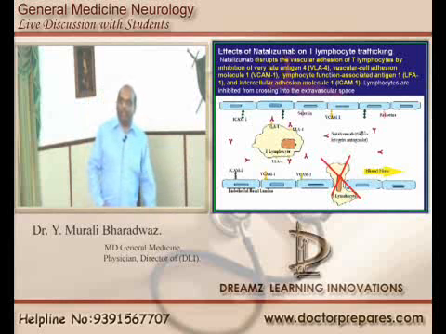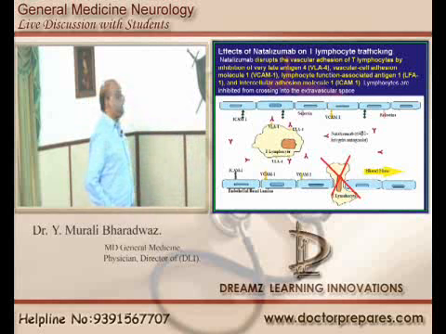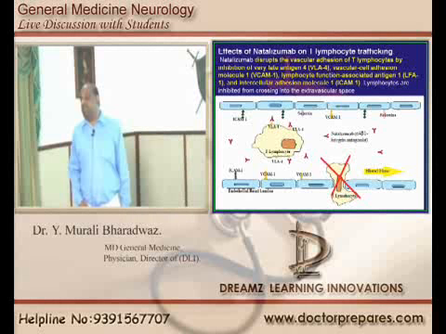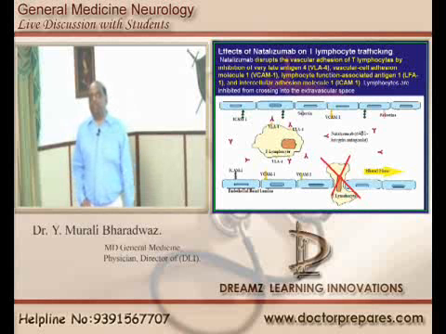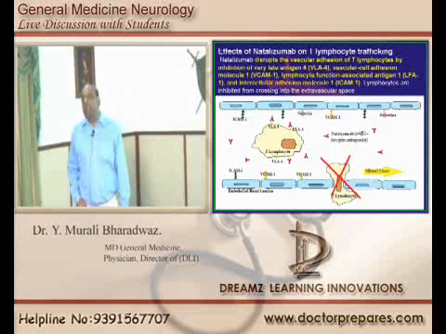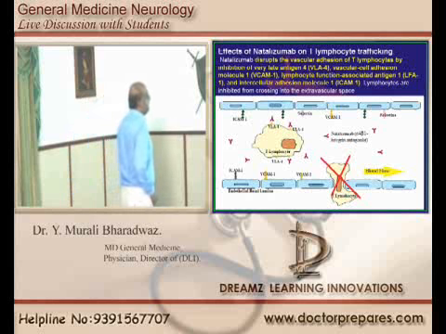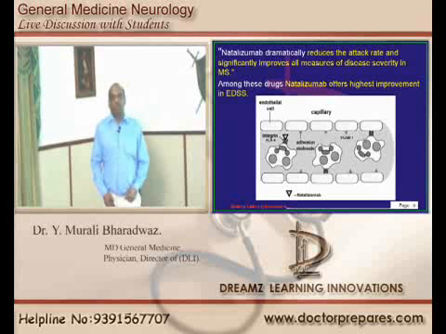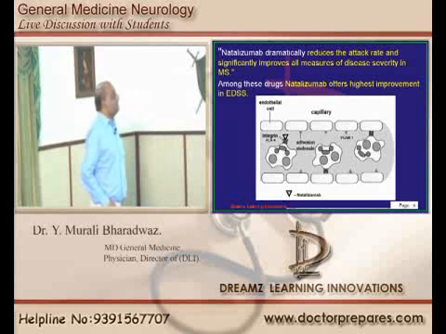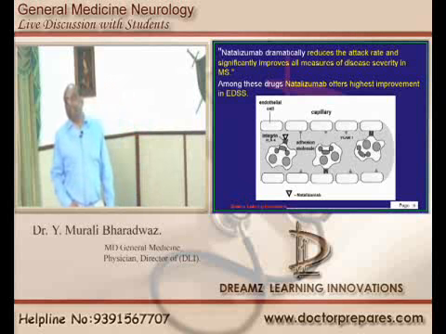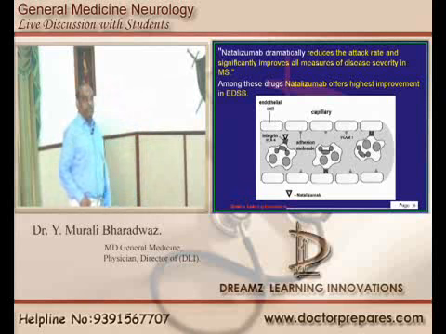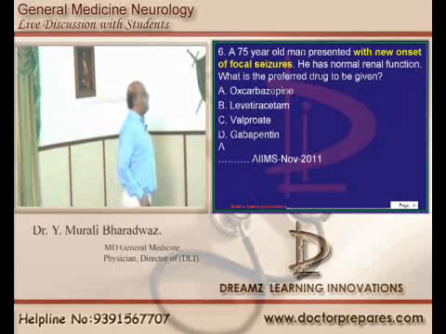It will stop the traffic. But unfortunately, if you use natalizumab, there is a risk of one important complication: progressive multifocal leukoencephalopathy can result out of it. Natalizumab, out of all, is the one which offers the highest improvement in the EDSS scoring of multiple sclerosis, is what we need to remember.